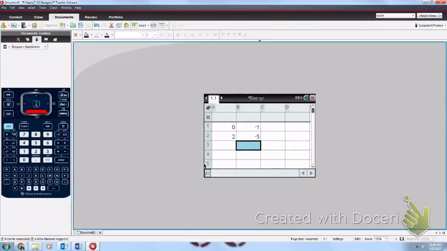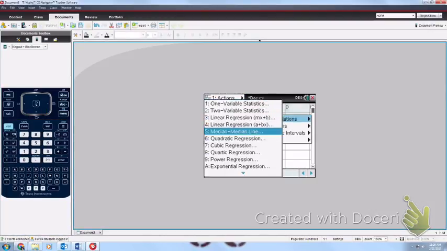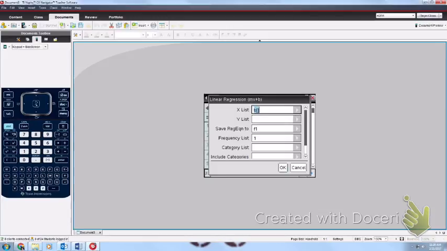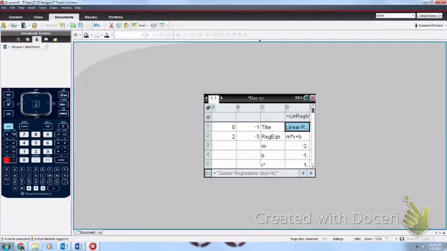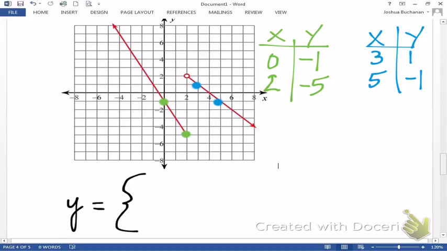We go to menu, linear regression, A, B, and our linear regression here shows negative 2 for M and negative 1 for B. So this equation is y equals negative 2x minus 1.